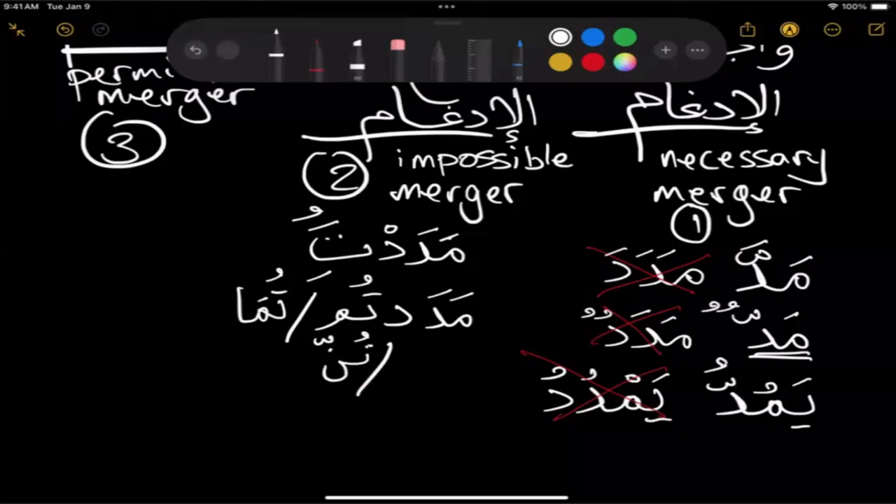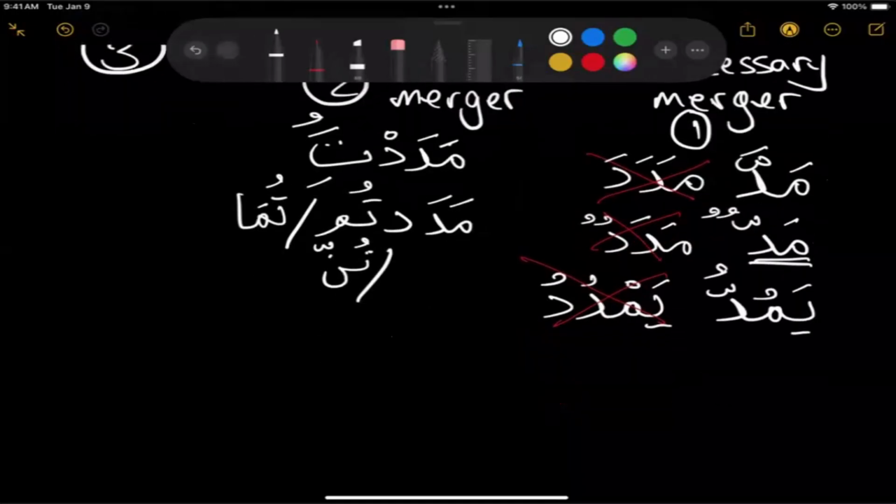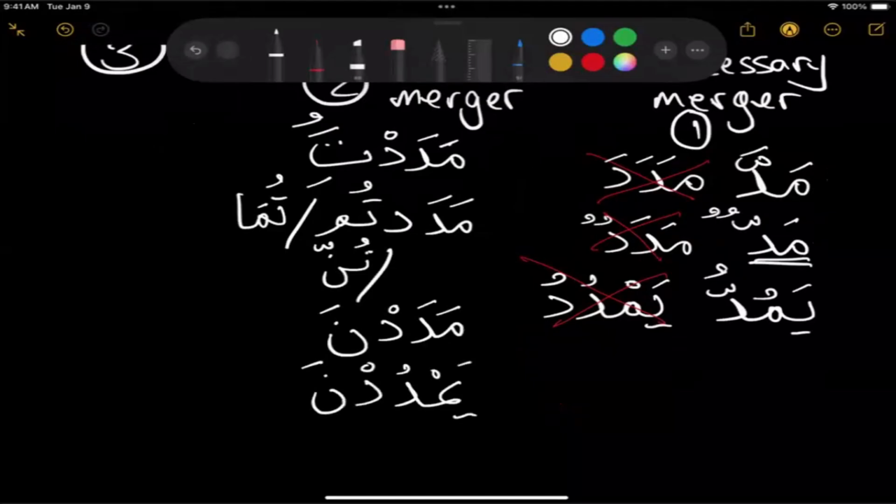Those dals must be split apart here. You say madadna, and in the mudari yamdudna, or tamdudna. So in all these cases, the dals must be split.